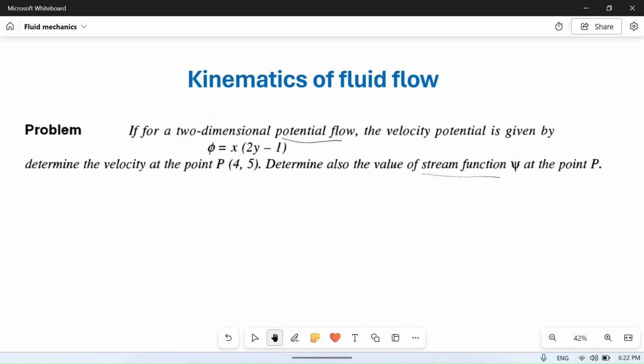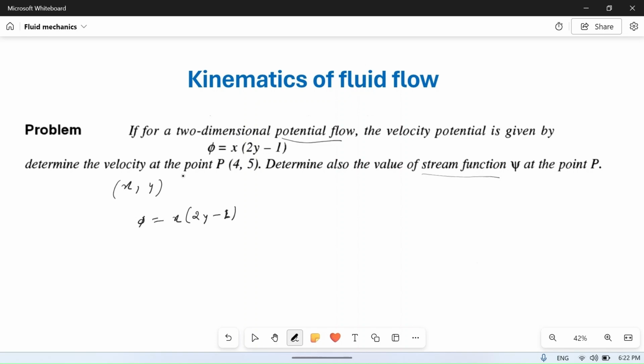Now let's read the question. For a two-dimensional fluid flow, so we have only two dimensions, x and y. The velocity potential function is defined basically for 3 dimensions, but the stream function is only defined for two dimensions. If these two are used together, then we usually see 2D flow. The velocity potential function is given as phi equals x(2y minus 1).